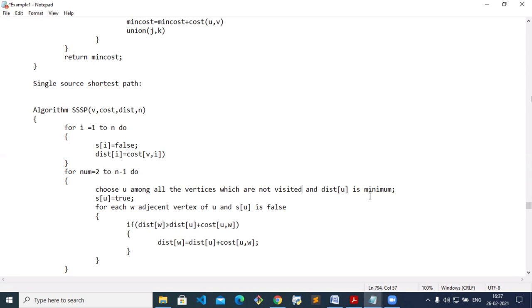The vertex is not visited as well as the distance also minimum. That vertex I'm choosing as my U. I have given the name as U. Next, I'm making that vertex as known, right? That's why I'm making it 2. After that, what have you done? With the help of that known vertex, is there any other possibility? With the help means those which are adjacent to that and which are not visited till now, and I'm comparing the distances. Infinity greater than some 10. This condition is true, which means which one is the minimum? 10 is the minimum.